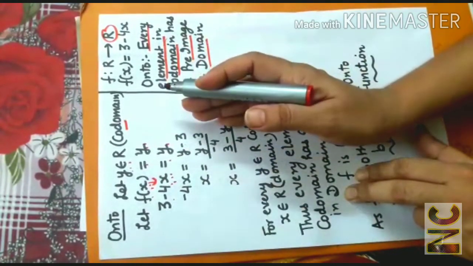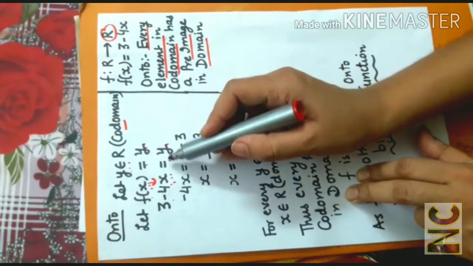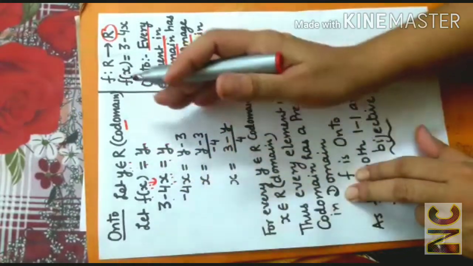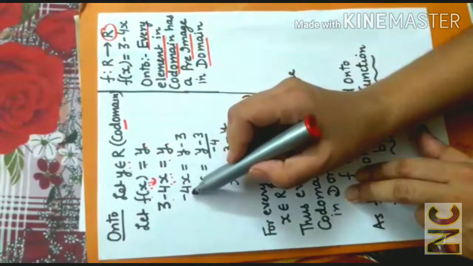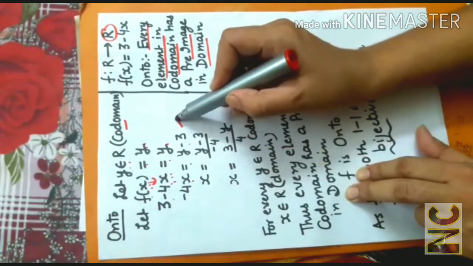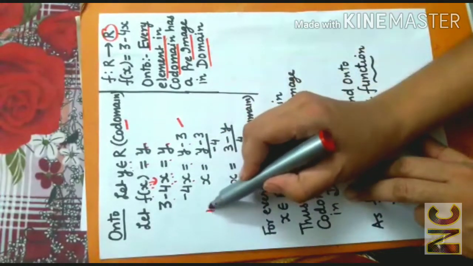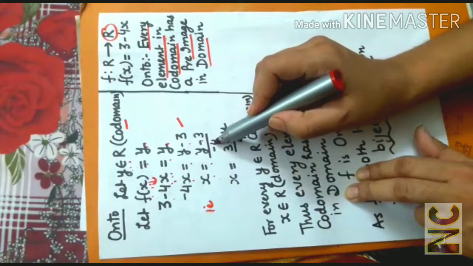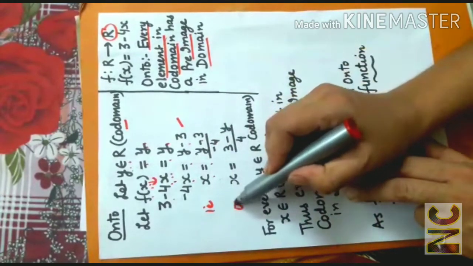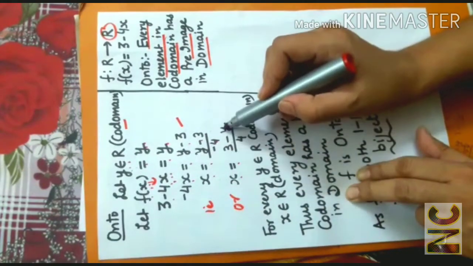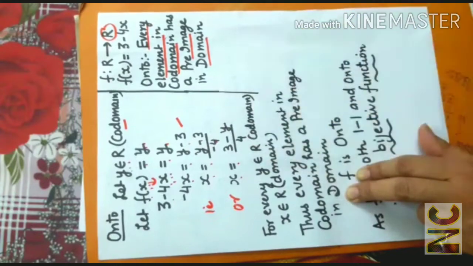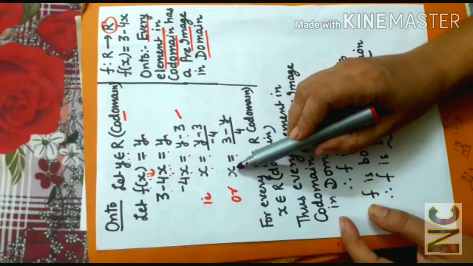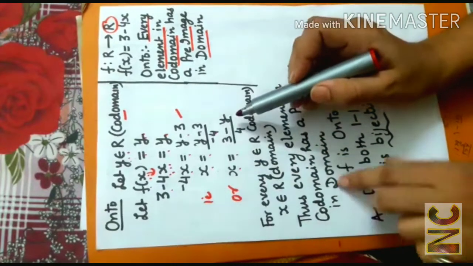So I'll transpose all the terms containing x to one side and other terms to the other side. So minus 4x will be equal to y minus 3, and that will give you x is equal to (y minus 3) over negative 4, which can be written as x equals (3 minus y) over 4. So here I have expressed x in terms of y.